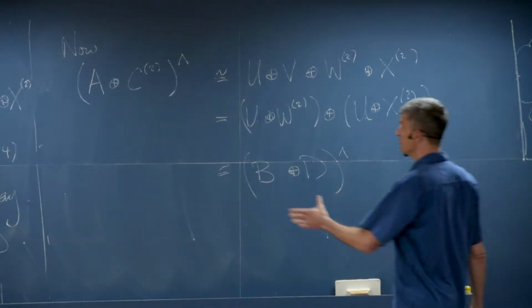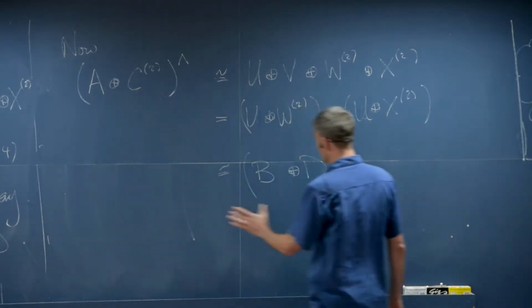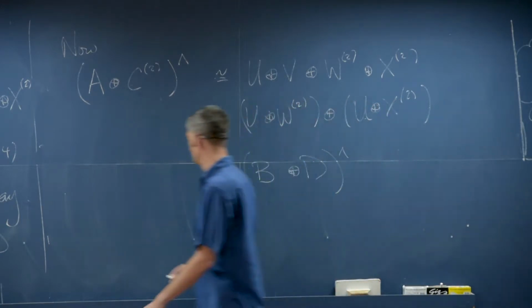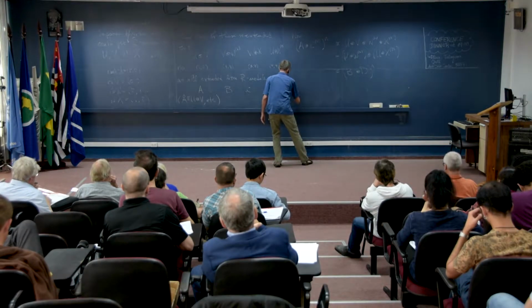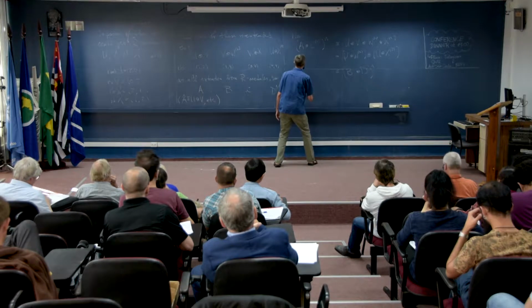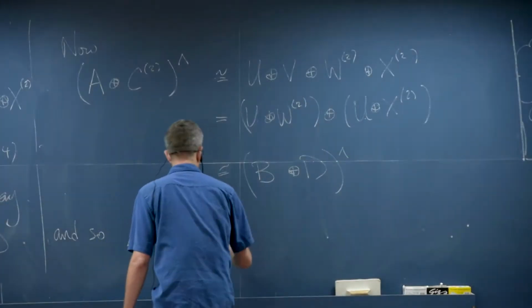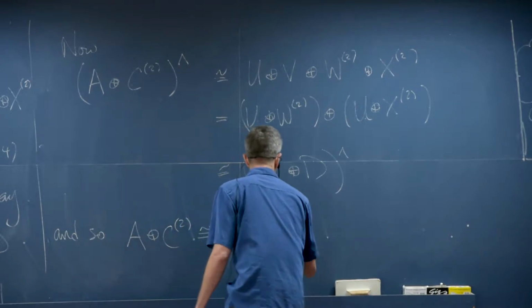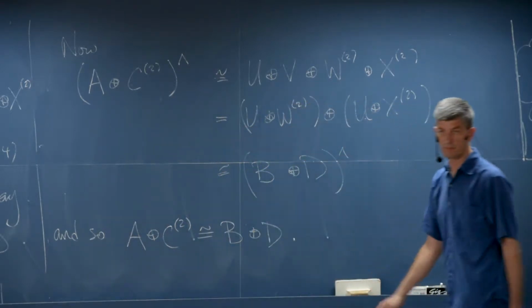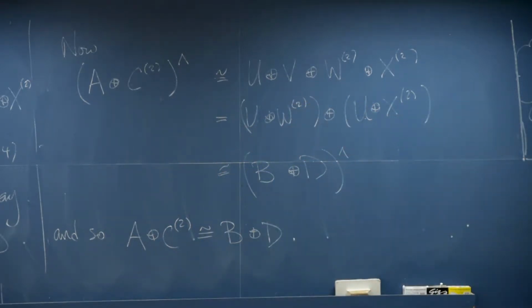And because we have these two finitely generated R modules whose completions are isomorphic, they themselves are isomorphic. And so here we have a failure of Krull-Schmidt that we have built out of this machine.